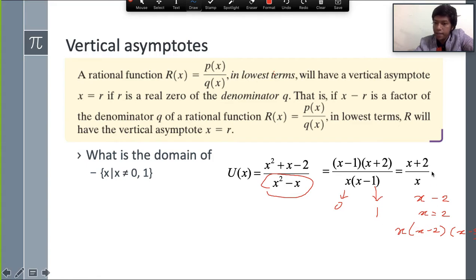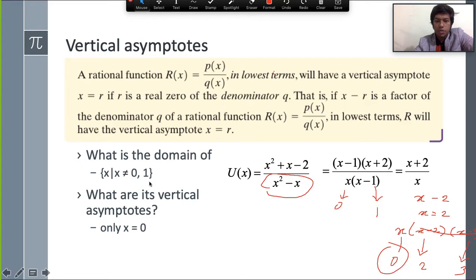Then your vertical asymptote will be x equals to 2, x equals to 3, and x equals to 0. So here you do not have any of them. You have just only x. That means vertical asymptote is at x equals to 0. Okay, this is the thing. So that is only at x equals to 0, as you can see.